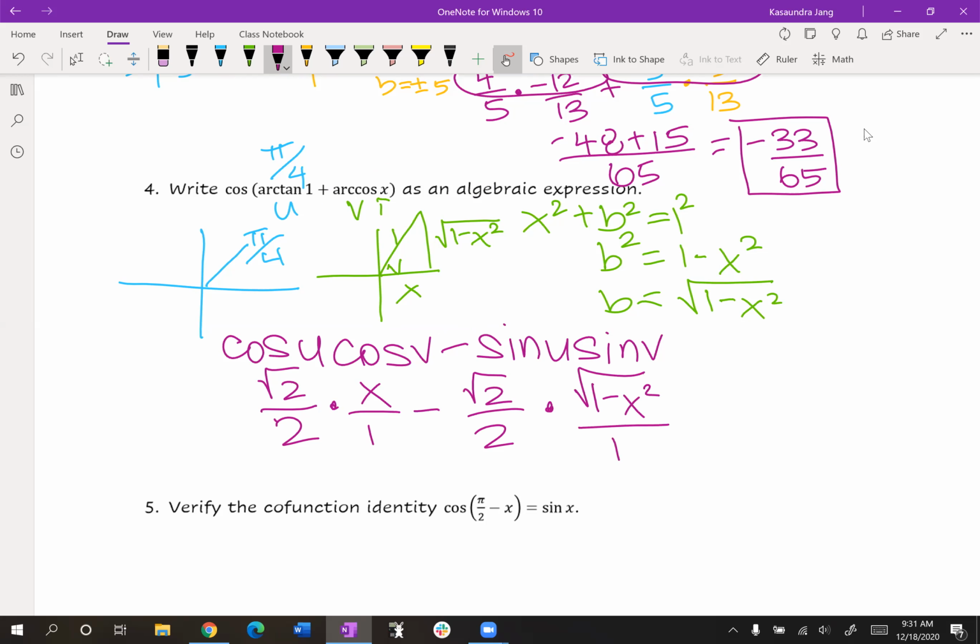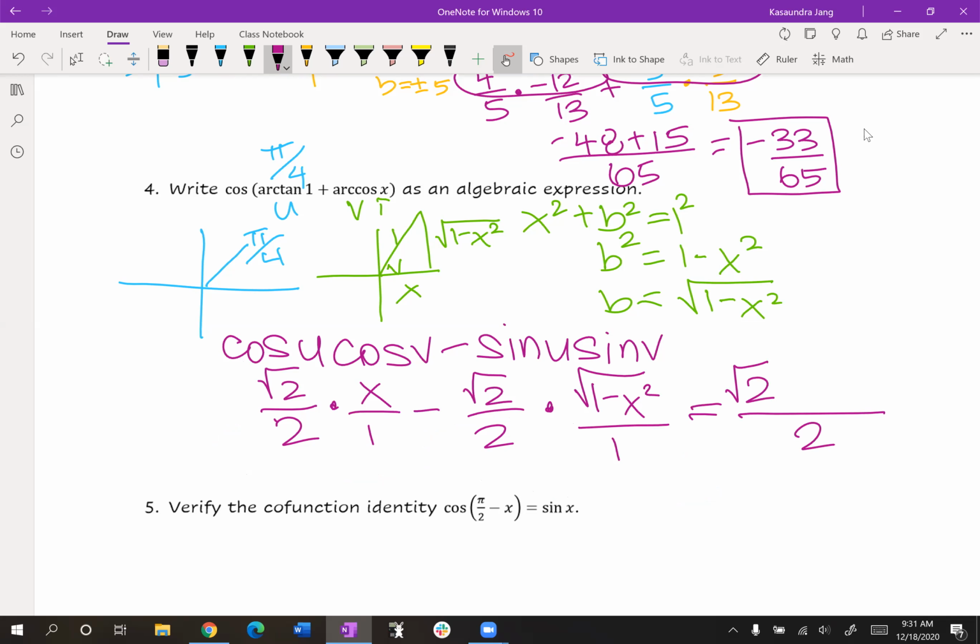Okay, so both of these have common denominators already, 2 times 1, so they both have a denominator of 2. The numerator, though, it looks like I have a root 2 times the x at the beginning there.